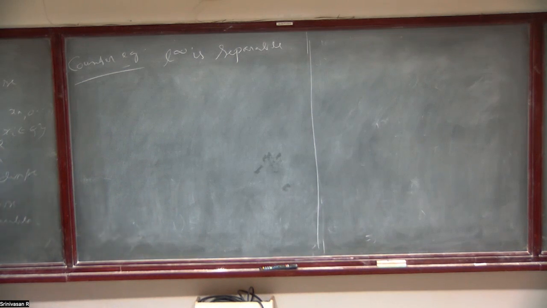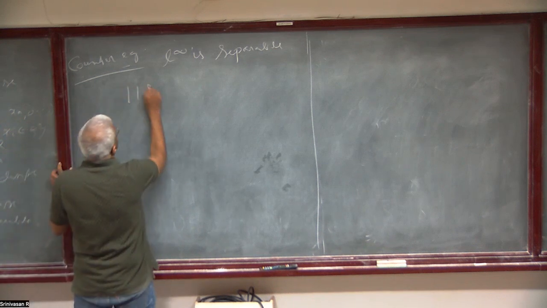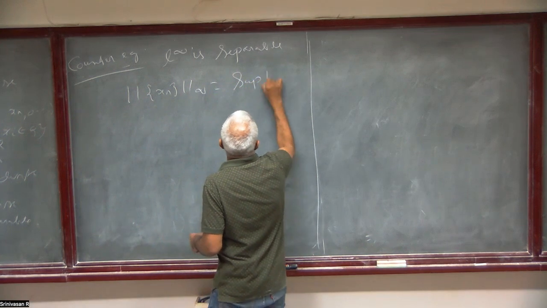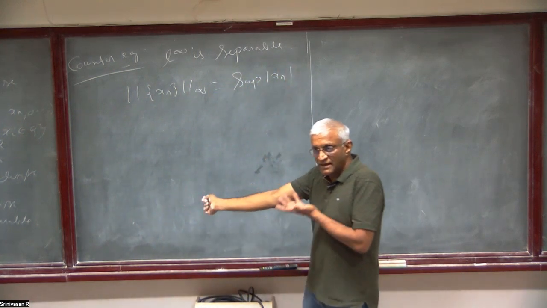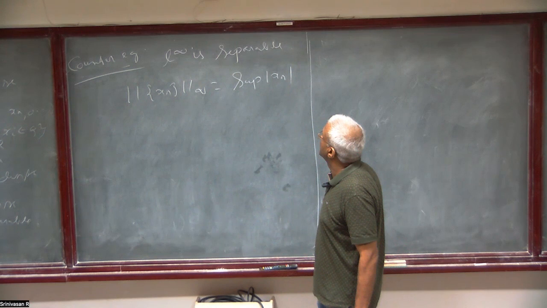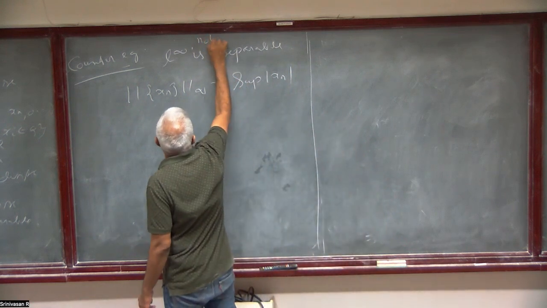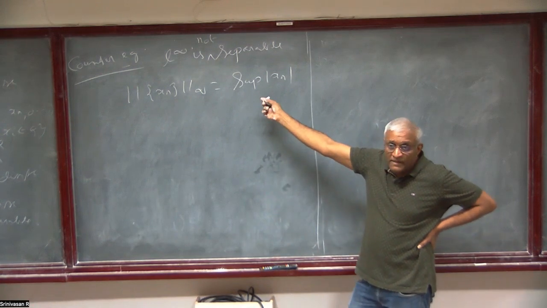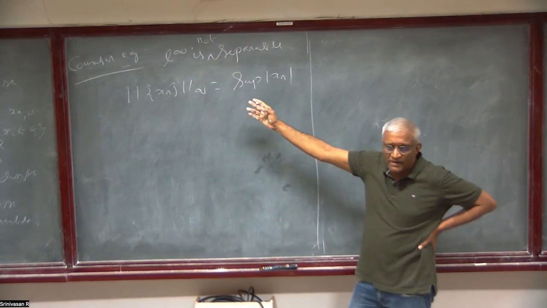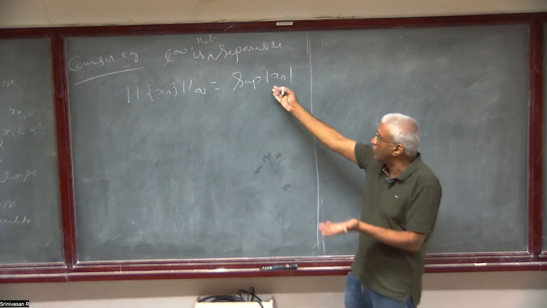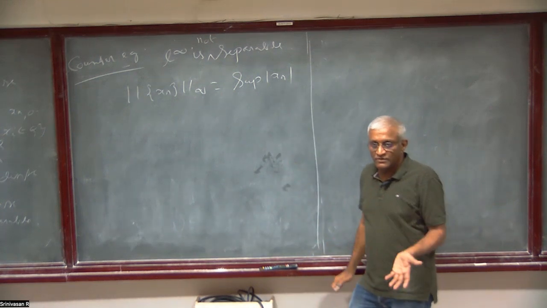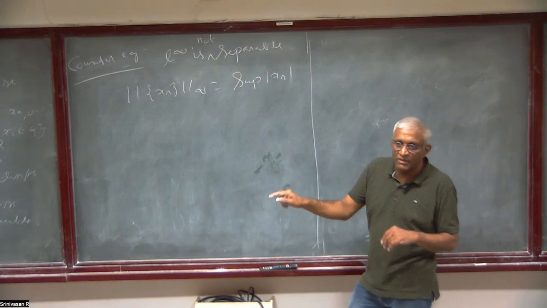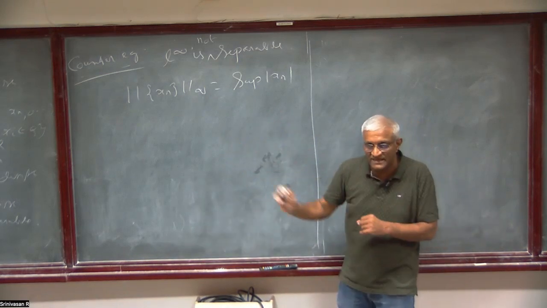Because for L infinity, the norm of any sequence is the supremum of mod xn. That supremum norm will be a number, which will be bounded. It need not go to 0. In the other case it has to go to 0 because it's summable. Here it will not go to 0, so f is not dense there.